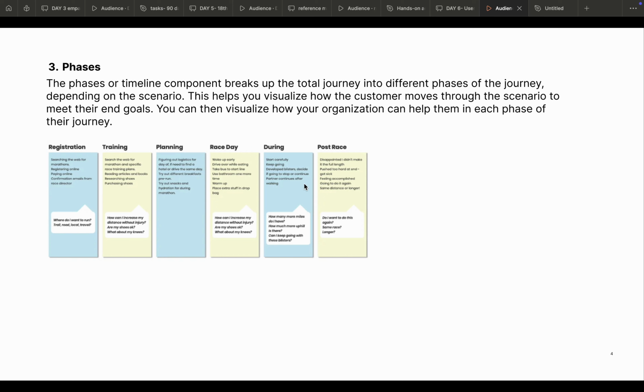Partner continues after walking. So how many more miles do I have? How much more uphill is there? Post the race: disappointed I didn't make it full length. Pushed it too hard at the end, got sick. Feeling accomplished. So he's having a neutral feeling.